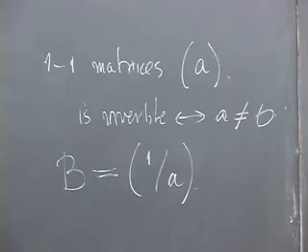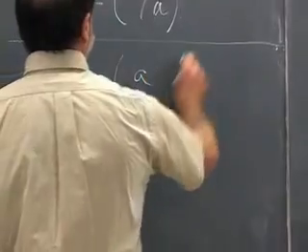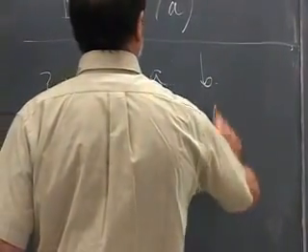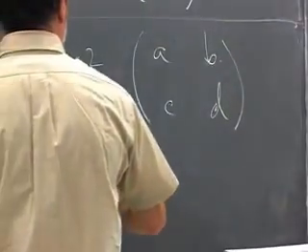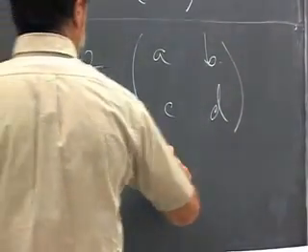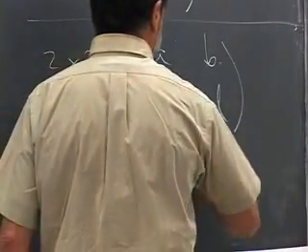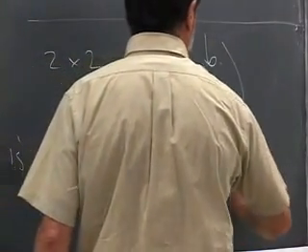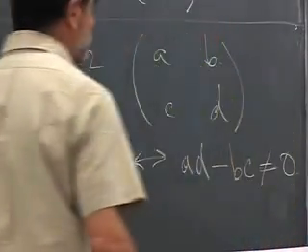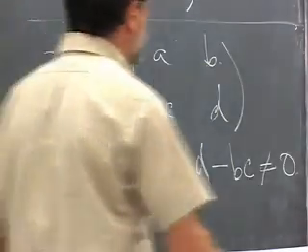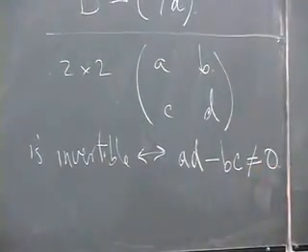For 2 by 2 matrices, it turns out to be invertible, I'll just give you the answer, if and only if a certain quantity is non-zero. Namely, if you take the product of A by D and you subtract off the quantity BC, it's not equal to 0. And in fact, if that's the case, I'll write down the inverse matrix for you.